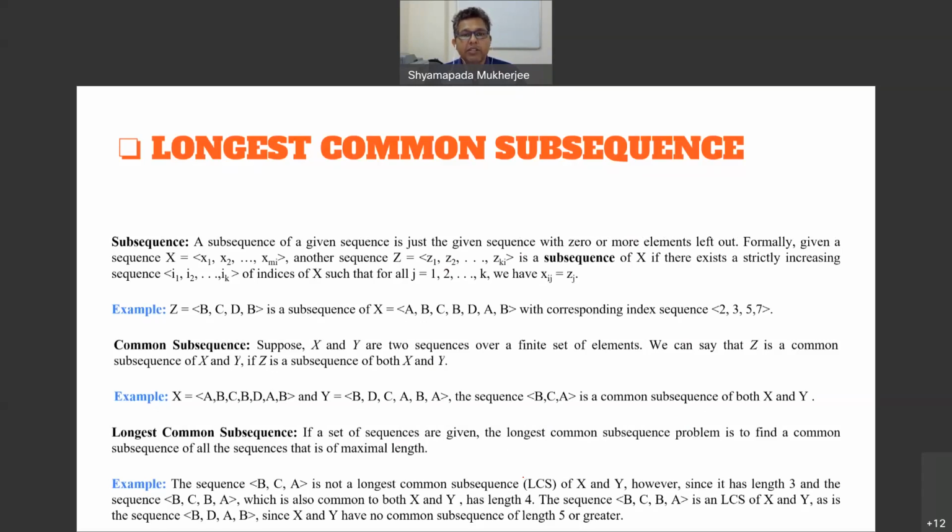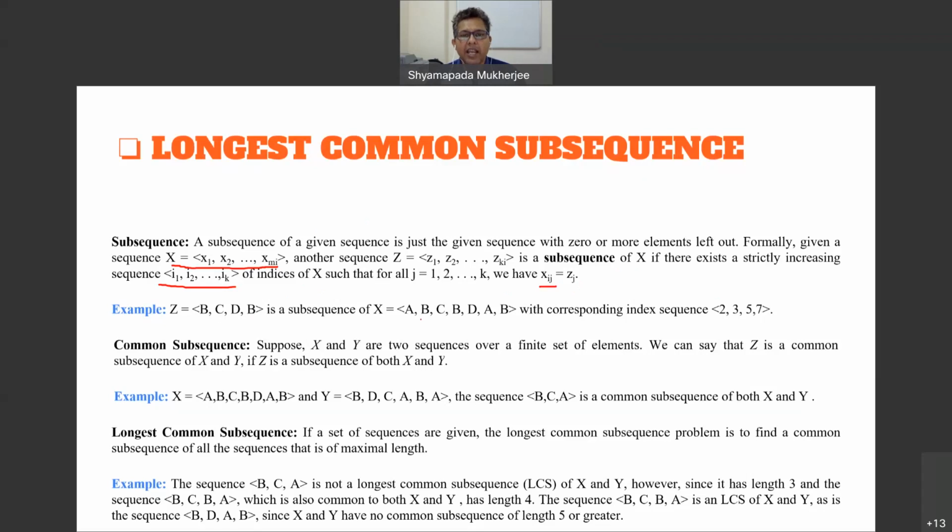A subsequence of a sequence is nothing but the same sequence with zero or more elements or characters removed. Mathematically, if X is a sequence with symbols x1 to xm, then Z is a subsequence of X if there is an increasing sequence of indices i1, i2 to ik such that x of ij equals zj.